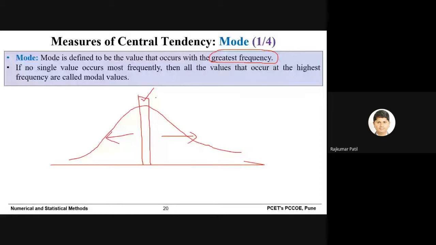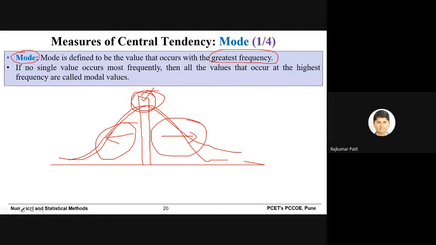Whatever is the maximum value will be considered as the mode of the distribution. Around this mode, all the remaining values are lying, so it is called central tendency.